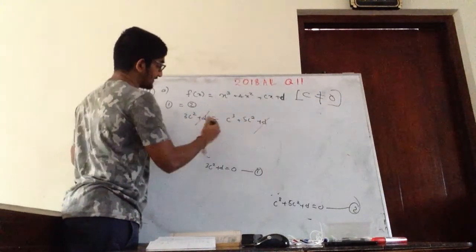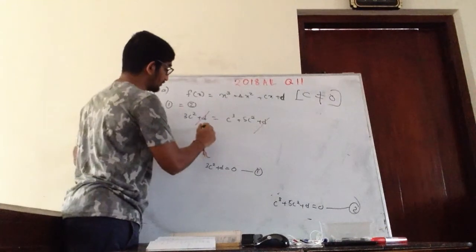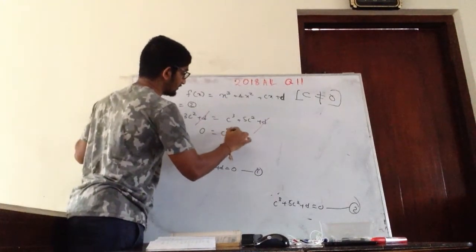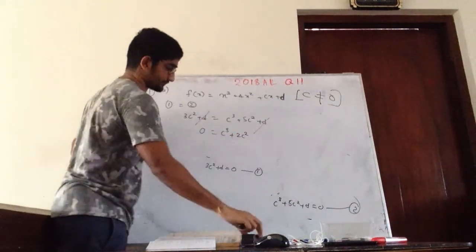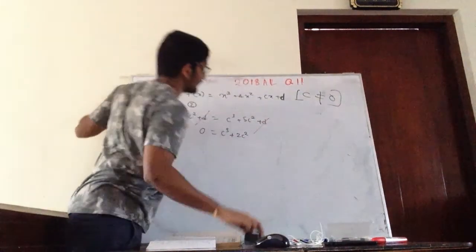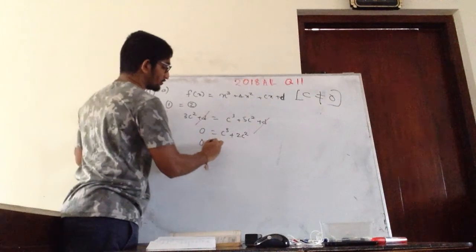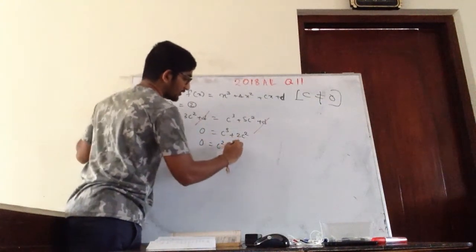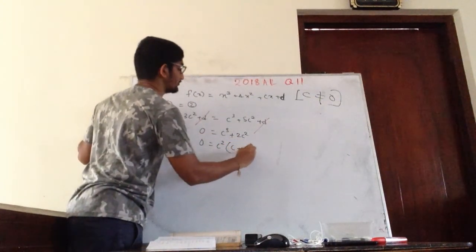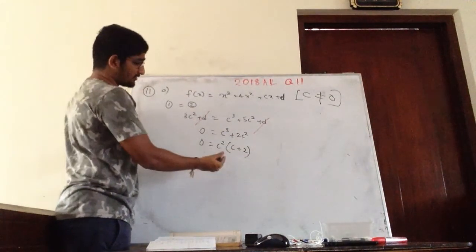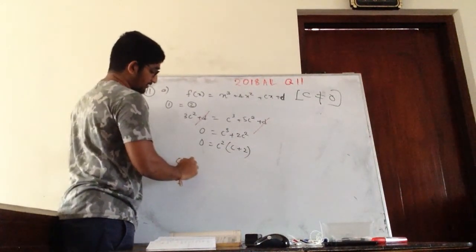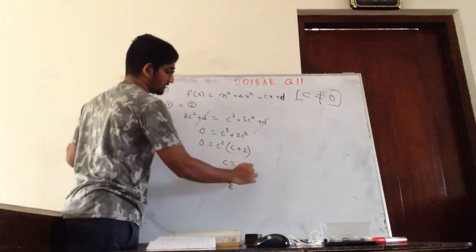So I'm going to take this 3c squared to this side, and I get c cube plus 2c square. Now c squared is common, so I'm going to take the c squared out. Then I will get c plus 2. So the answers will be: c can be 0 and c can be minus 2.